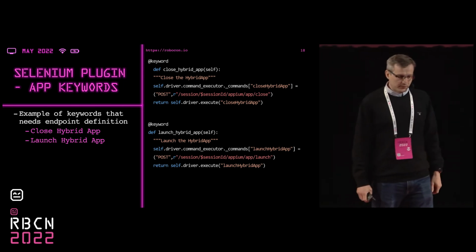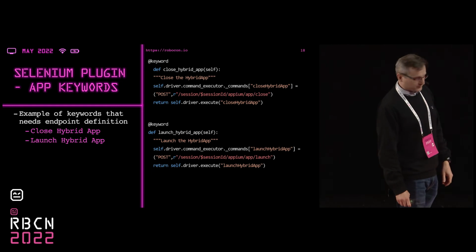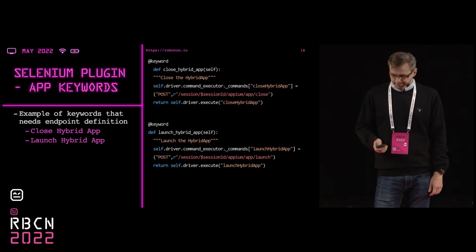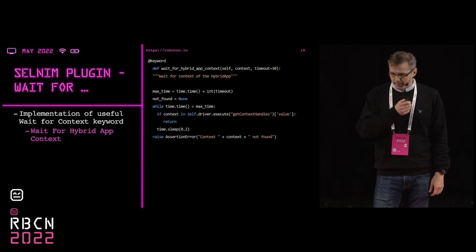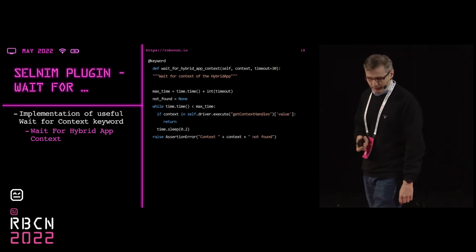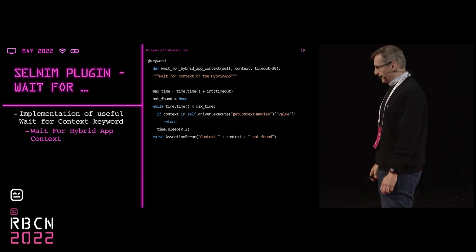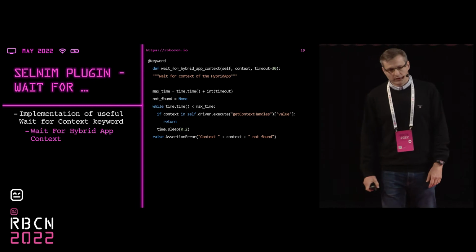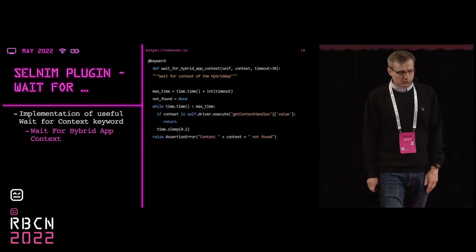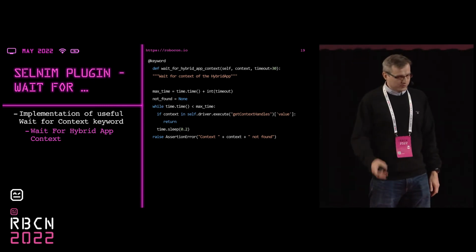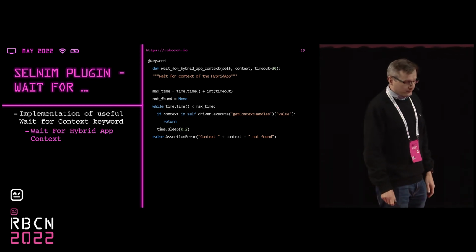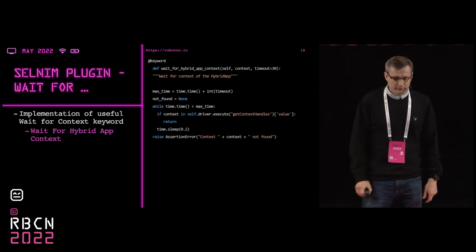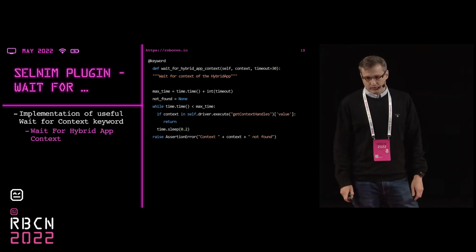That gave me the two more keywords I needed: close and launch the app. And the final one, wait for hybrid app, is implemented in a very similar way to the other wait for keywords in Selenium. I just needed to wait for the context change in the app and then continue.